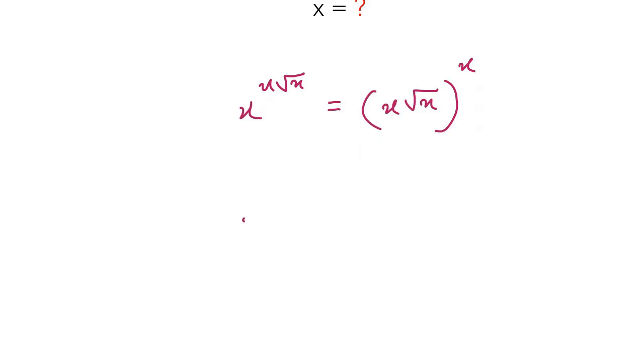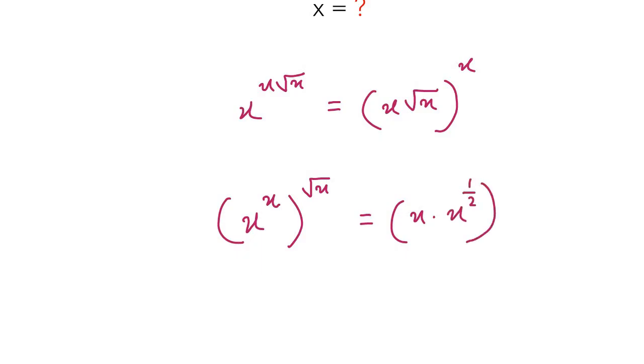Then we can write x to the power x whole to the power square root of x equals x times x to the power half whole to the power x, because if we have a to the power mn, we can write it as a to the power m whole n.